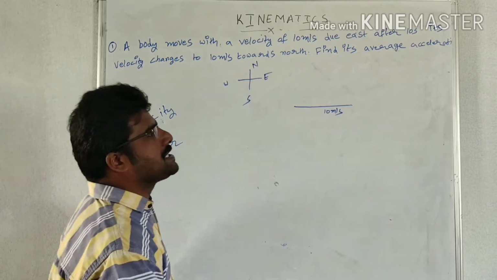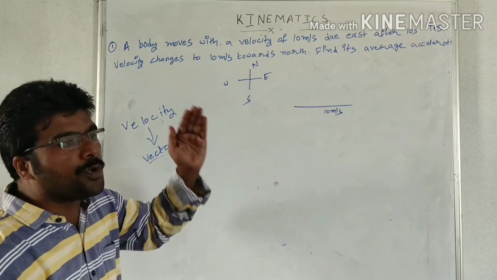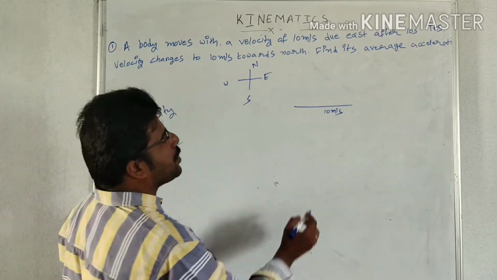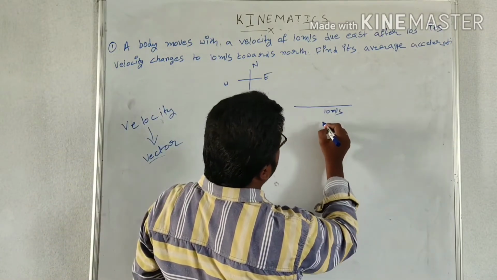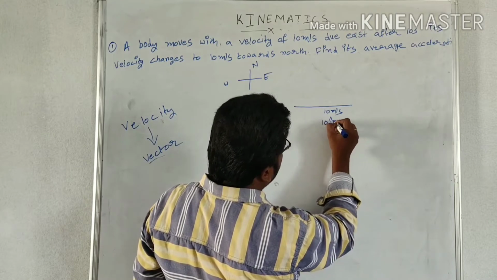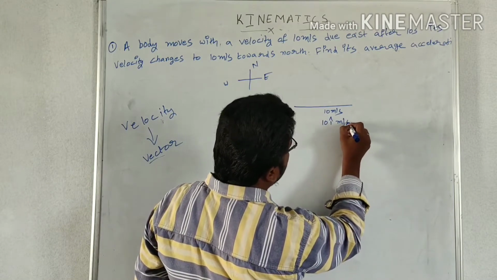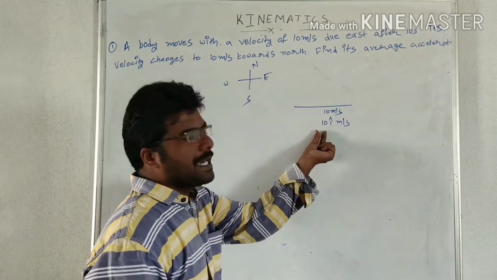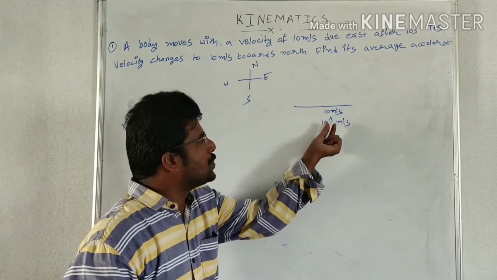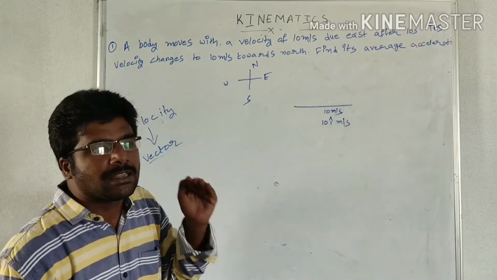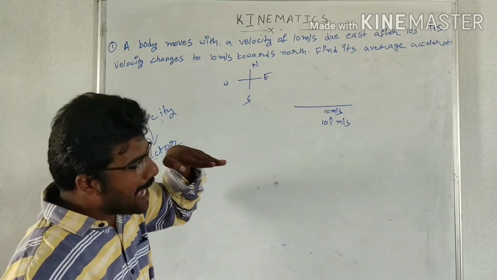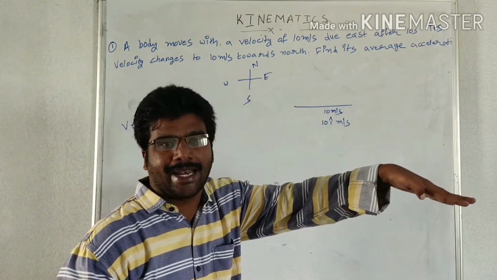To represent that the body has moved along the east, we write 10I meter per second. Here 10 represents magnitude, and I represents that the body has moved along the horizontal direction.